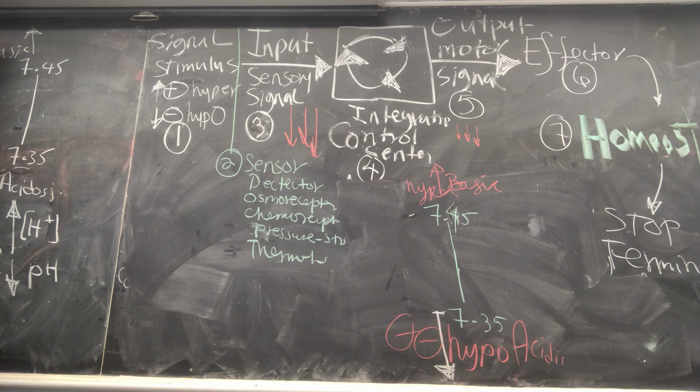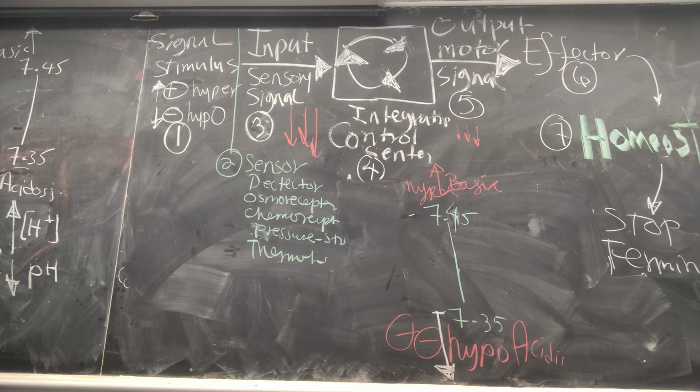Basicity is high, and the OH is going to be high. So OH is high for bases, OH is low for acids, H plus is low for bases, H plus is high for acids, pH is high for bases, and pH is low for acids. So let's repair this guy. Acidosis. Did you get it?